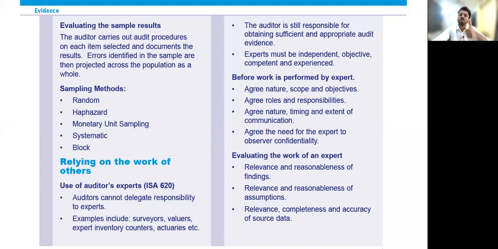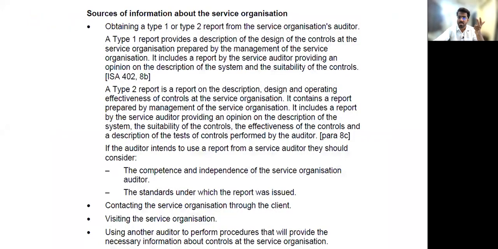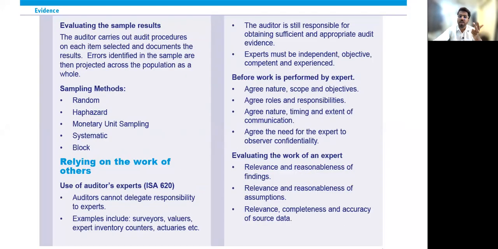For example, you rely on the work of experts. Sometimes you rely on the work of internal auditors, and you rely on the work of the auditors of service organizations.